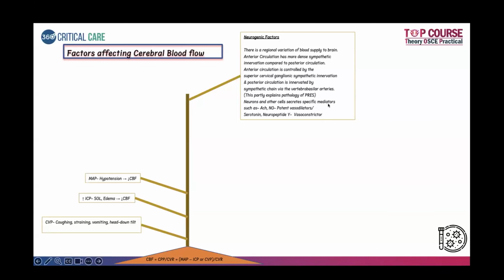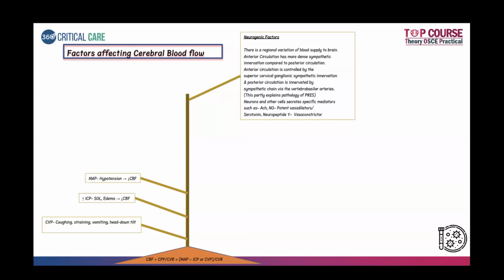The posterior circulation is more prone to such insult because the autoregulation is not that great in that region of the brain. Again, other factors governed by the neurogenic factors are that neurons and other cells secrete specific mediators such as acetylcholine and nitric oxide, which are potent vasodilators, and serotonin and neuropeptide Y, which are vasoconstrictors. This factor comes into account if the neurons are directly damaged or indirectly damaged because of secondary injury.